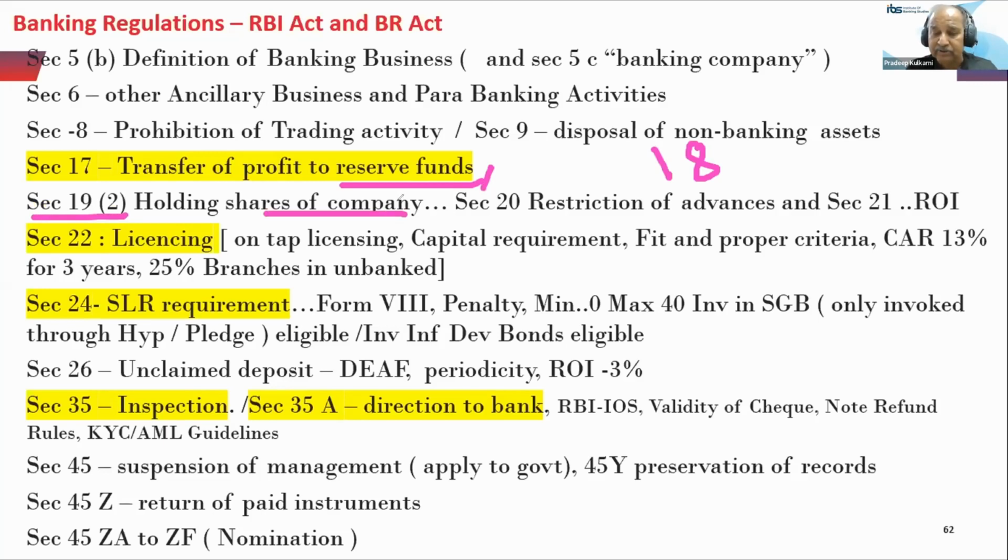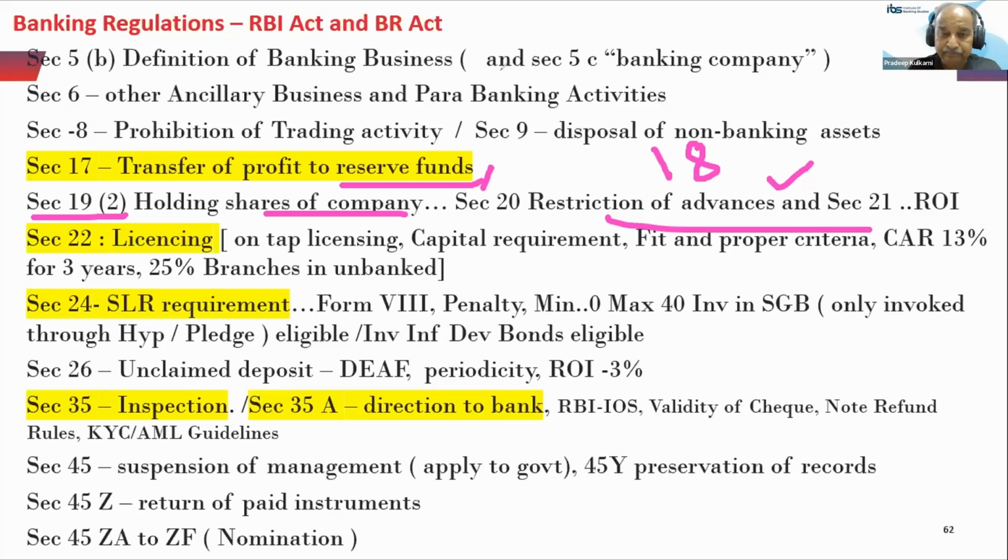Next, as I told you earlier, Section 19(2): holding shares of a company not more than 30% of the bank's own capital and reserves, or the company's capital, whichever is lower. Section 21, restriction on advances, deals with the advances you are not supposed to make.